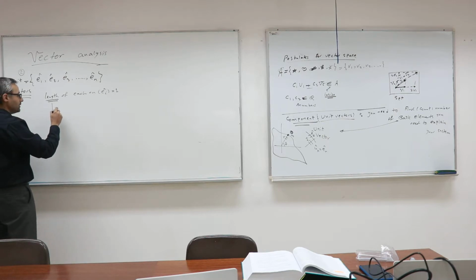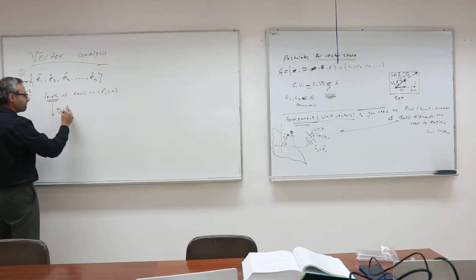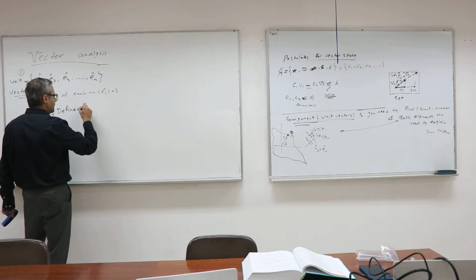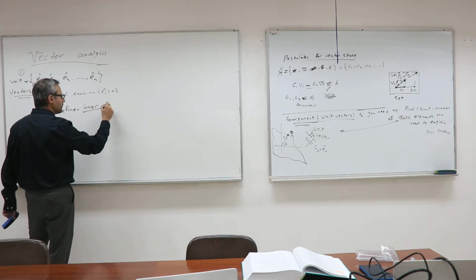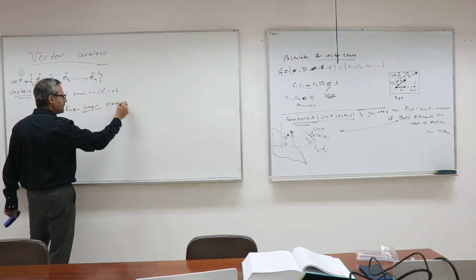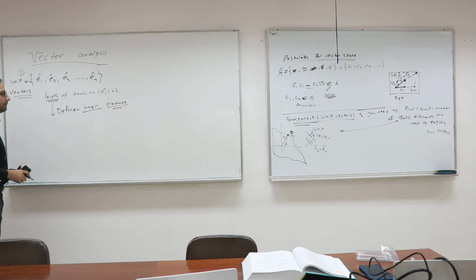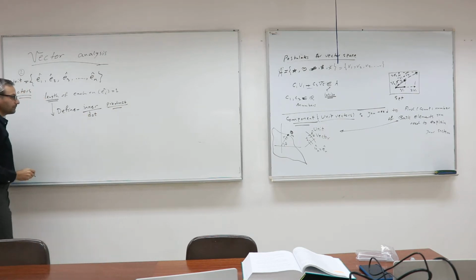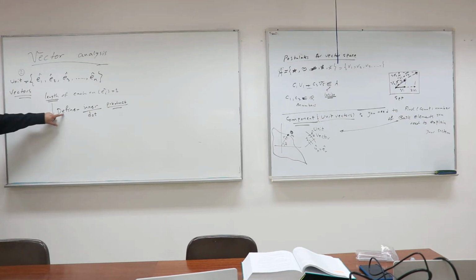For the length, you need to define some element called inner product, or dot product. I write here define because you know how to define the dot product of 2 simple vectors before in mathematics, but not always.